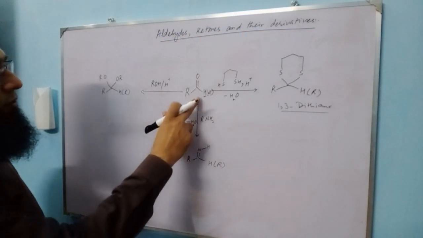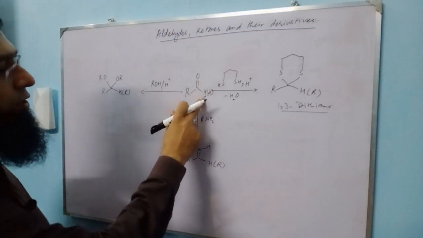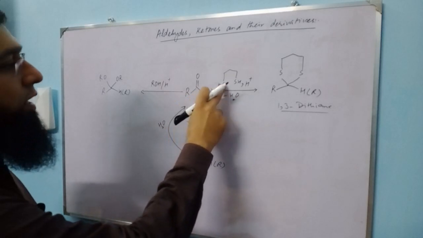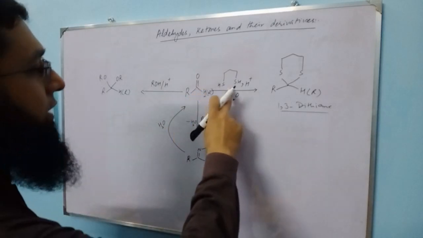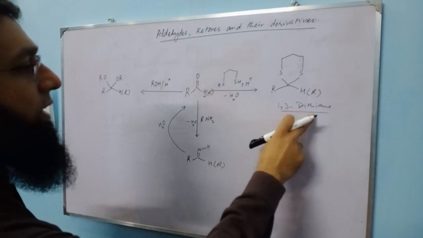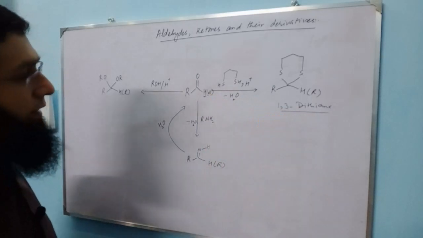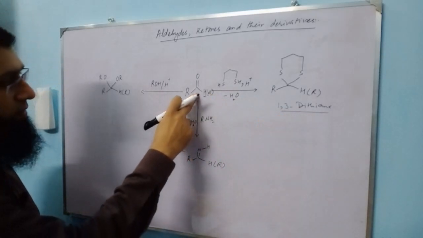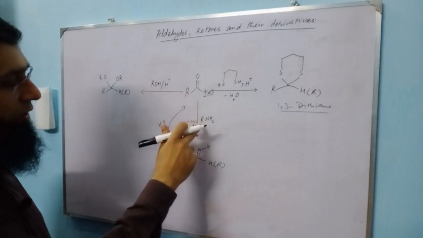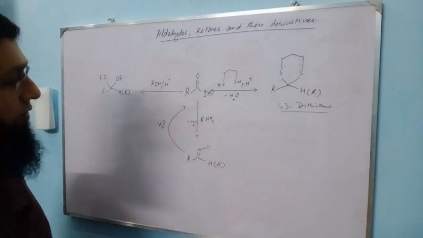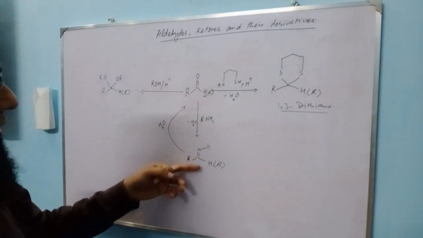For example, if we use aldehyde or ketone and a dithiol, we can convert it into a 1,3-dithiane, and similarly this aldehyde or ketone can be allowed to react with the corresponding amine. Loss of water takes place and we get imine.